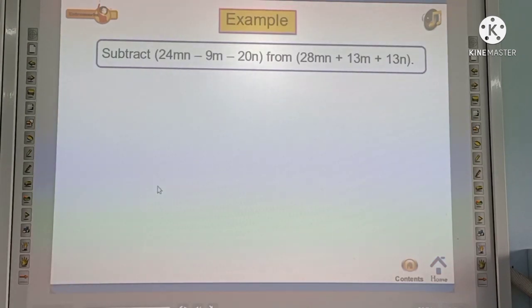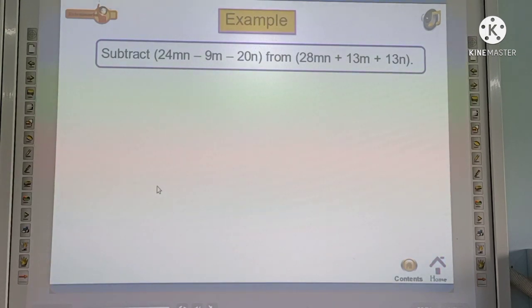Let us take one more example to understand the concept. Subtract the expression 24mn minus 9m minus 20n from the expression 28mn plus 13m plus 39n.